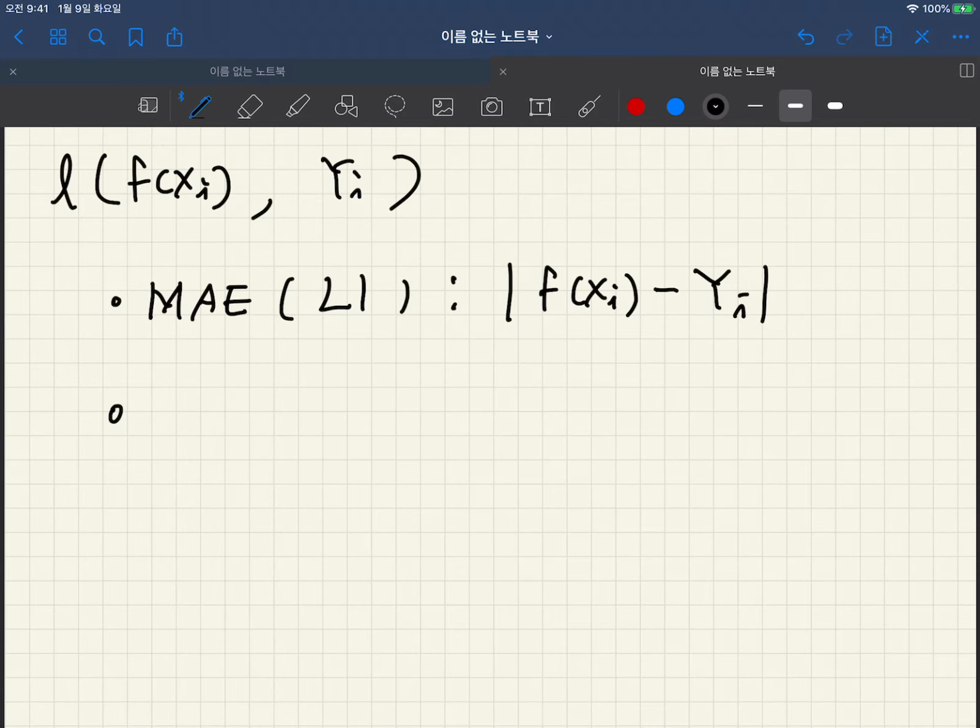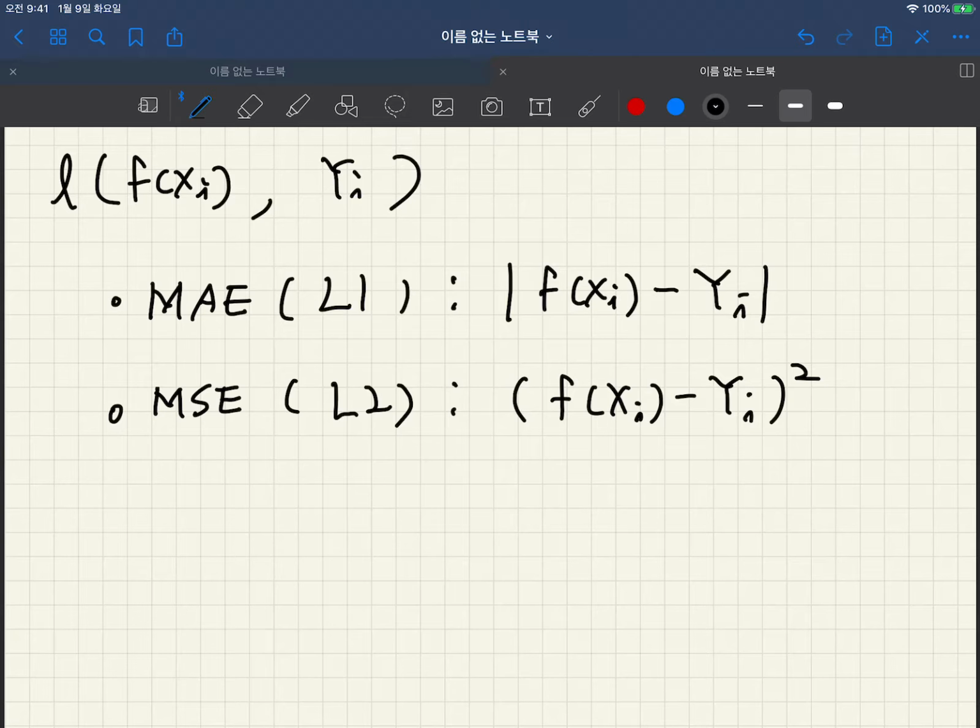The second popular metric is mean squared error, MSE, which is called L2. This is simply the square of f(x_i) minus y_i. Okay.